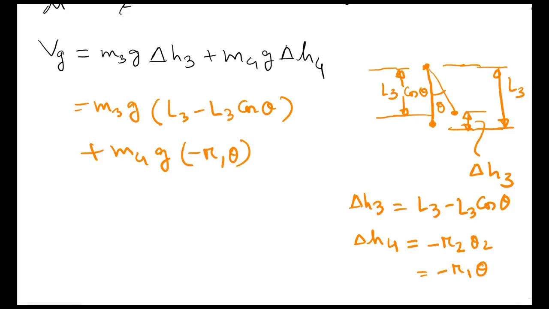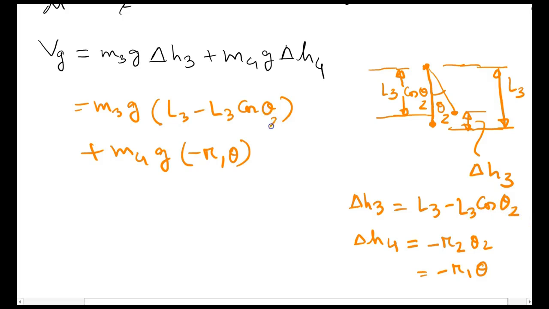If you just notice that the point mass was attached to pulley 2, so the angle of deflection will be theta 2, so our expression will be L3 cos theta 2. So the expression we'll have is L3 minus L3 cos theta 2.